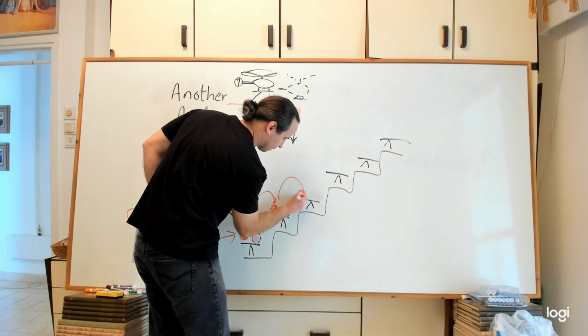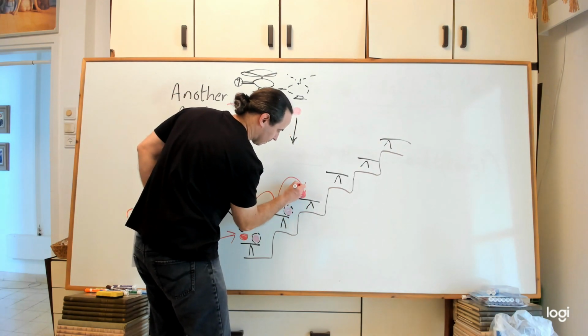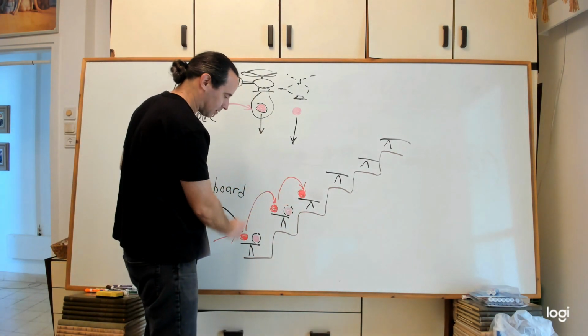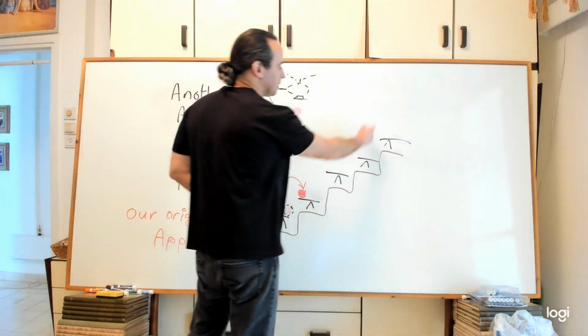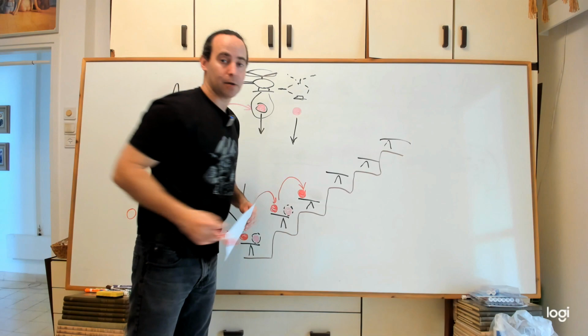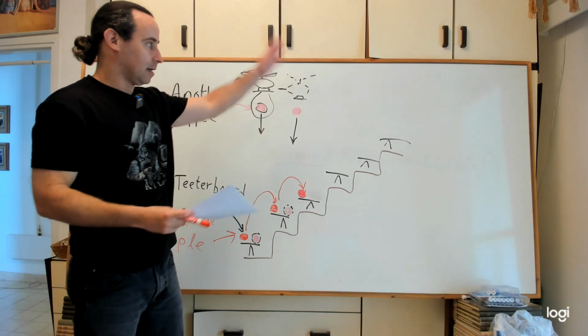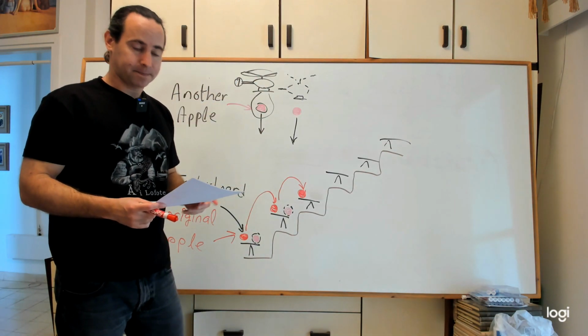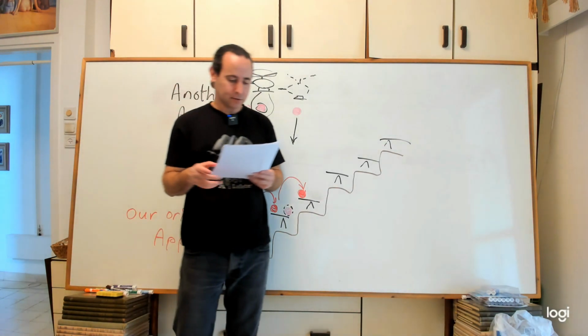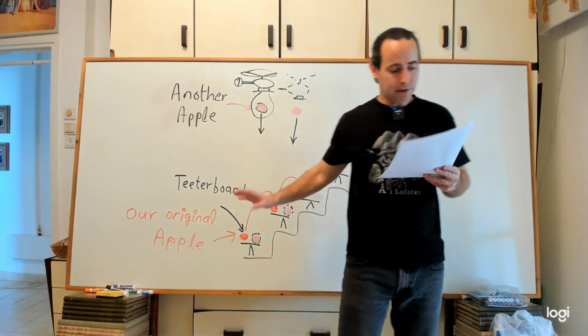Okay, like this. Okay, so the original apple jumps and jumps and jumps and jumps, and in total the original apple gets up all the way towards space and escapes the Earth. Okay, so I'm reading to you, but now you have the picture.